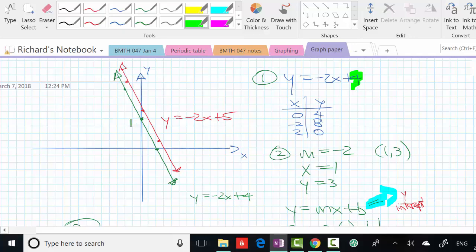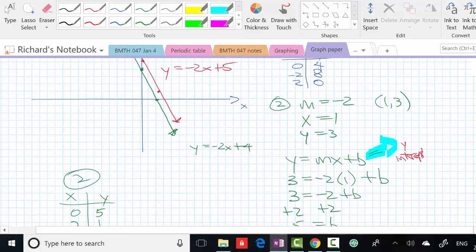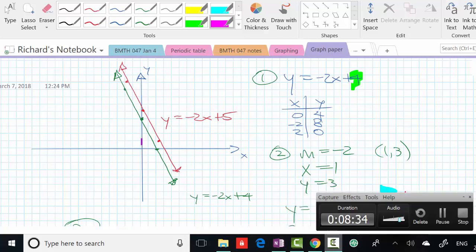Equation number 2 has a y-intercept of +5. 1, 2, 3, 4, 5. The equations result in graphs which are parallel because they have the same slope, and that's the key to solving this example.